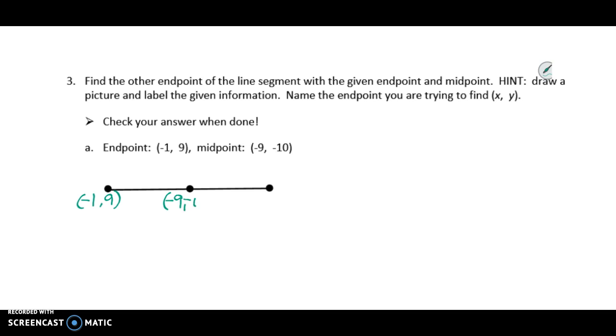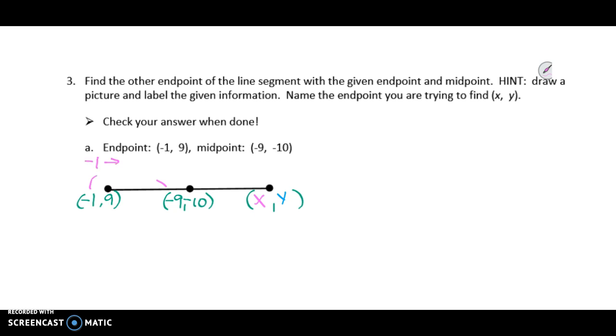Endpoint, midpoint. We got this new thing that we need to find. An X and Y. So there's an algebraic method to do it, but it is a little bit complicated. Instead, what we're going to do is look at the X from each of these.